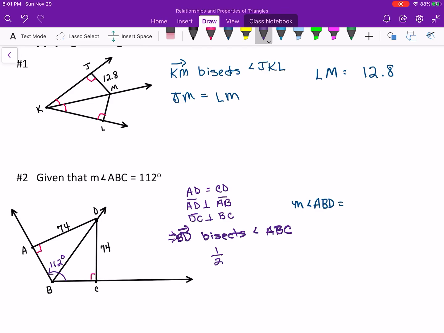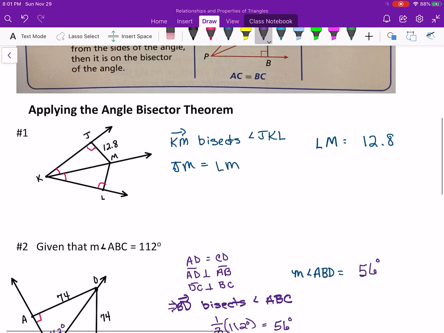So half of that 112 degrees would be 56. So each small piece is 56, and ABD is one of those small pieces. So it is 56 degrees. That is using the converse theorem.